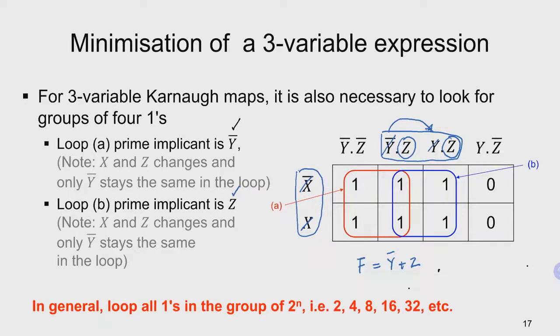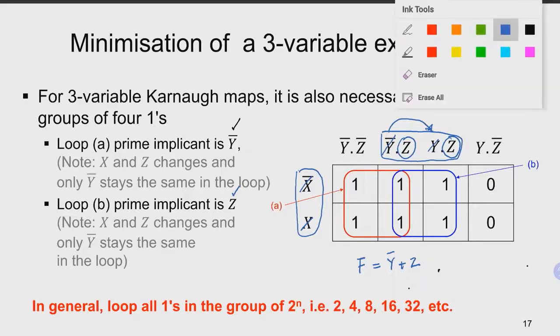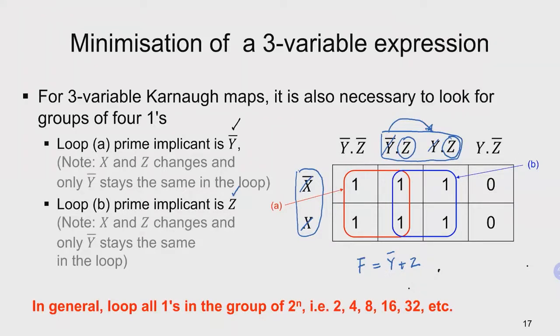So X changes, Y, no, Z changes, but the second one is the one that is incorrect. Y changes in this one, and Z stays the same in the loop. Okay, so thanks for the comments, and thanks for the corrections.